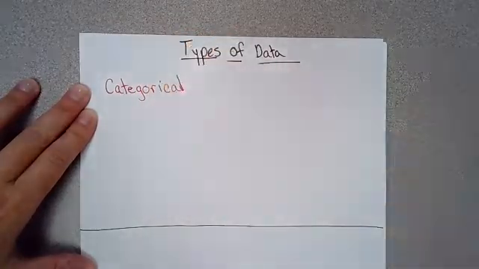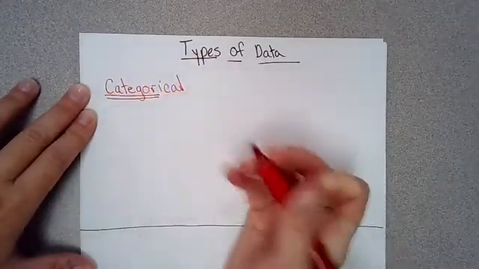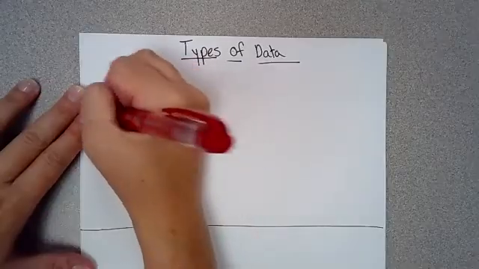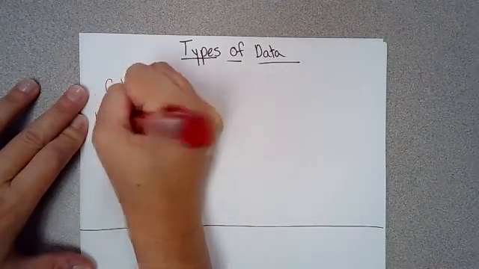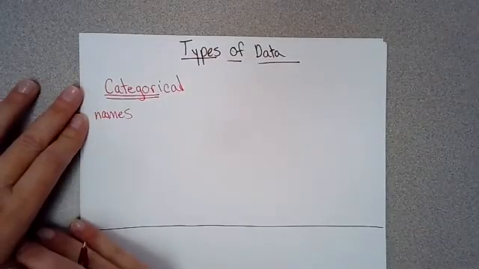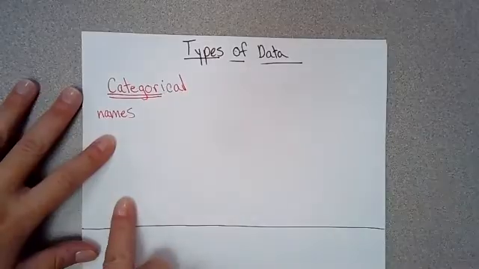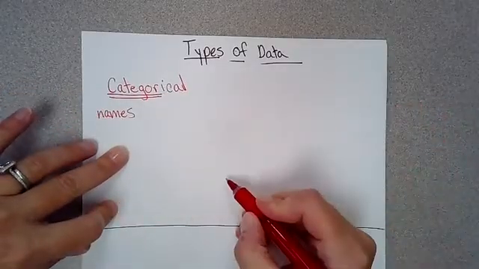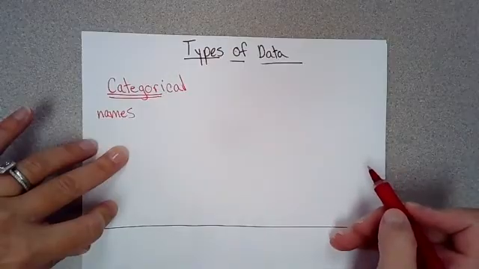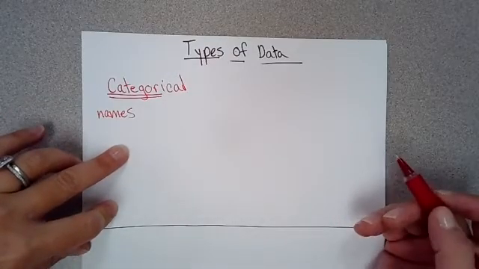Okay. So you guys have all heard of categories. A category is just like names, okay? It's names of things. When I was a child, we would play a game in the yard where all of us would line up on one side and there was a person in the middle and we were all trying to race to the other side. The name of the game was called categories.